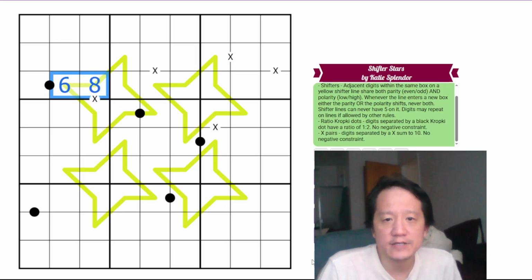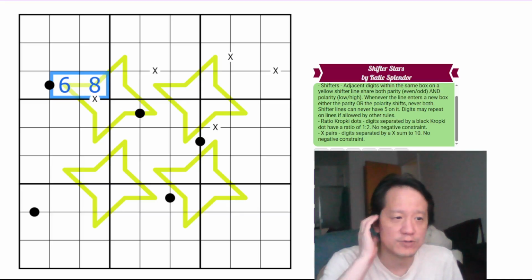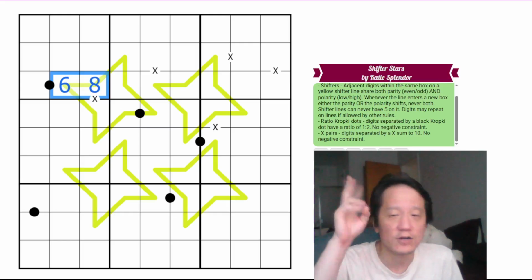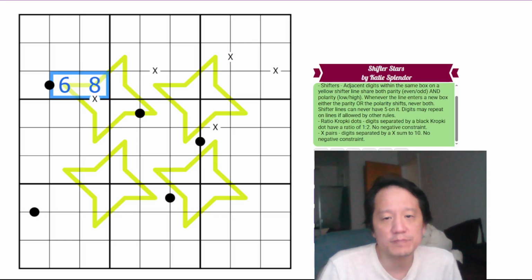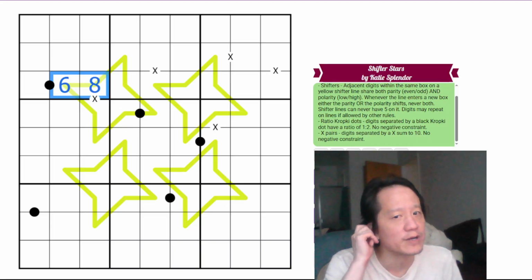Whenever the line enters a new box, either the parity or the polarity shifts, never both. Shifter lines can never have a 5 on it. So that's the reason why you have high and low digits here. And digits may repeat on lines if allowed by other rules.